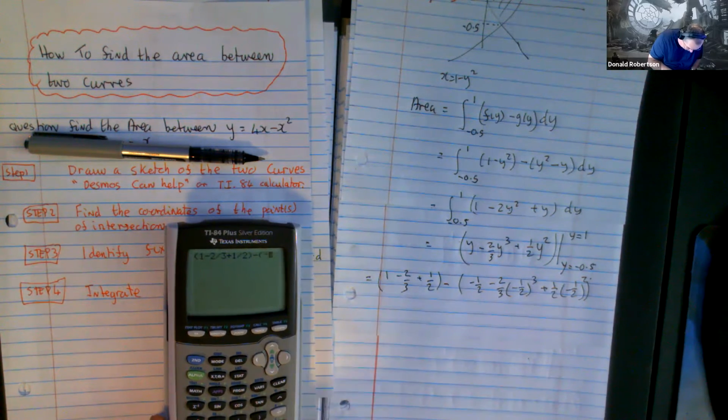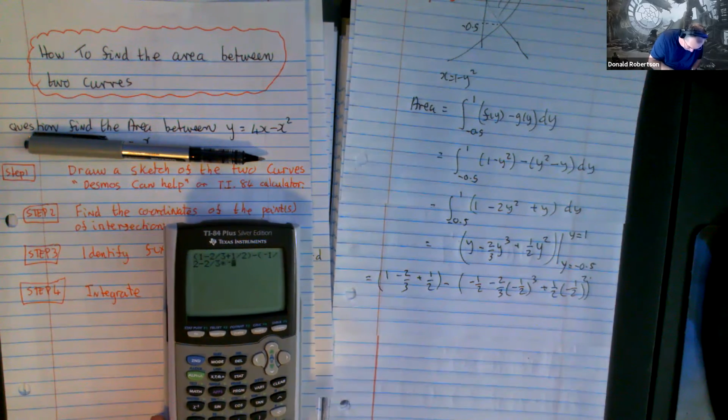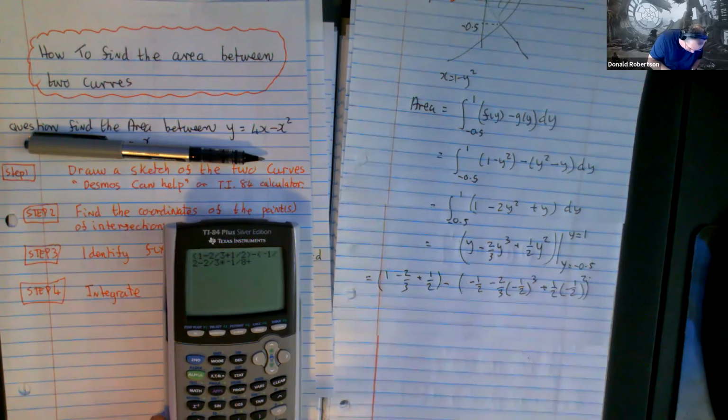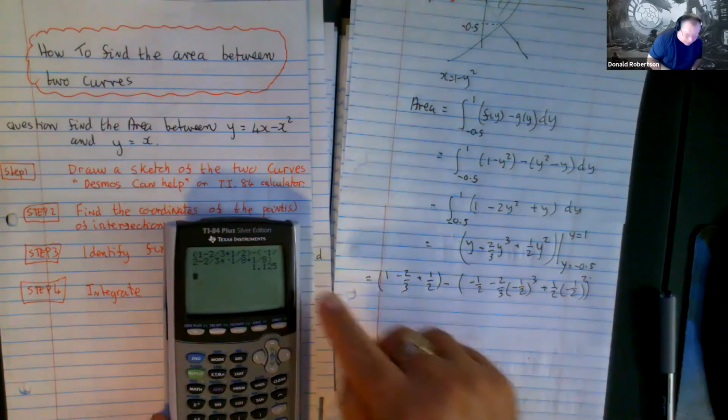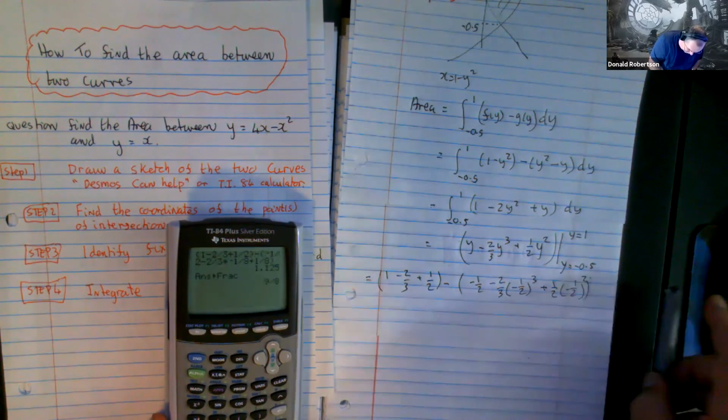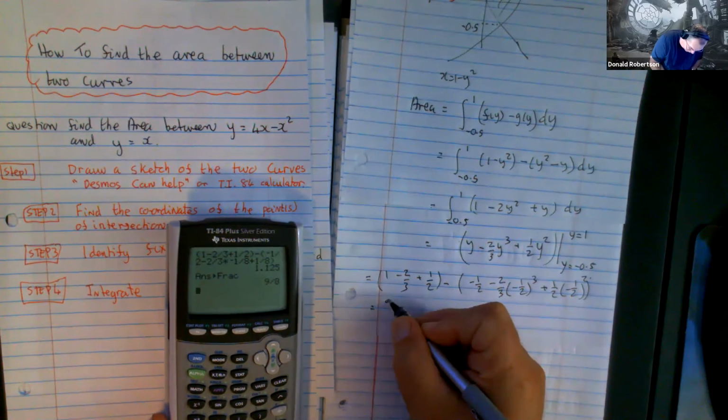I've got negative a half, take away 2/3 times, I should do that in my head, negative an eighth, plus, basically plus an eighth. And the answer I get is that guy. If I go math, number 1, after a fair amount of work, I believe the answer is 9/8.